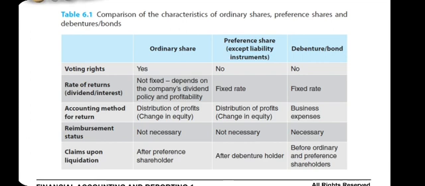Okay, preference share is somewhere between a share and a bond, the bond being a liability. If a company sells preference shares, the preference shareholder has to be paid interest every year. It has a fixed rate.